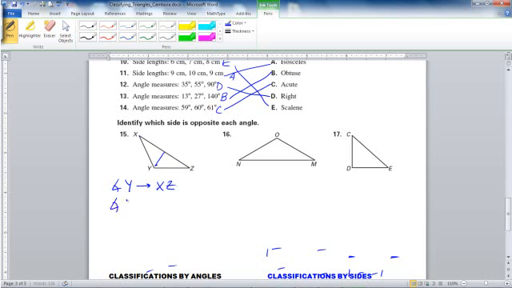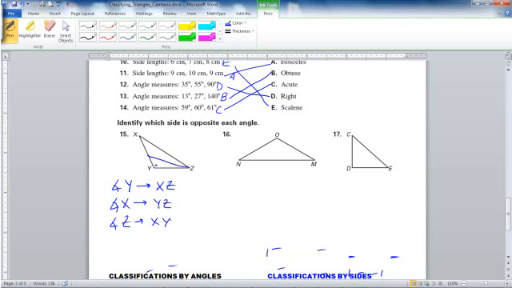If I look at angle X, the side opposite angle X is side YZ, and then I'll take those marks away and look at angle Z. Side opposite angle Z is side XY.